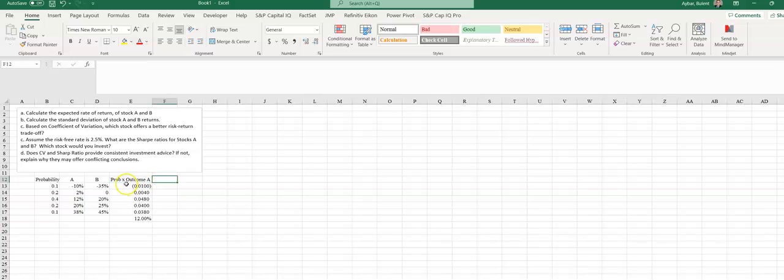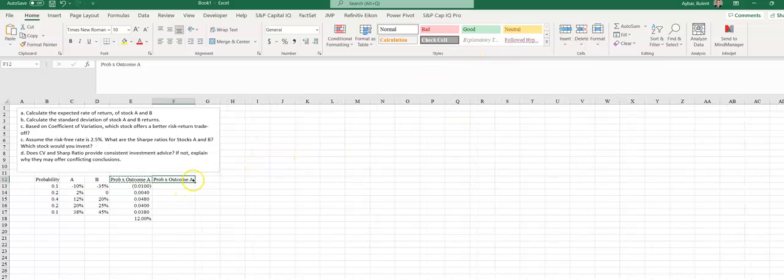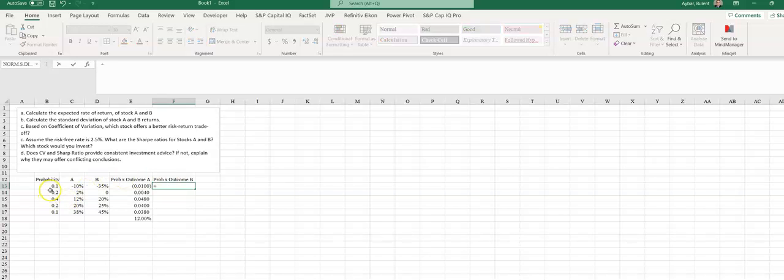So we will do the same thing for asset B. Let's copy this just to save time. And I will fit this into this range. This time we're going to change this to asset B. But we will do pretty much the same thing that we did before. So we will pick up the probability, multiply that with the outcome that asset B is going to have if this state of the world occurs.